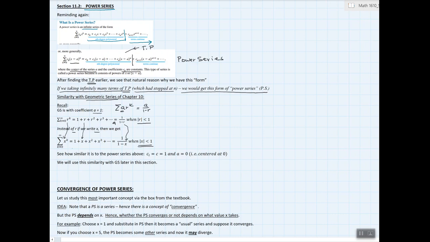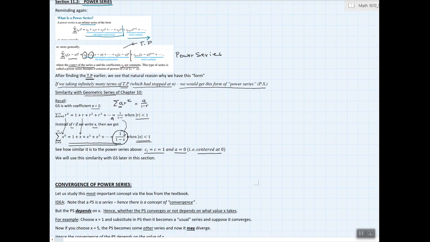Clearly this is a power series where the c_k's are 1. So c_0, c_1, all of these are 1, and a is 0, which means the center is at x equals 0. This is an example of a power series which adds up to a very nice expression, 1 over 1 minus x. We are going to use this similarity a little later in this section.